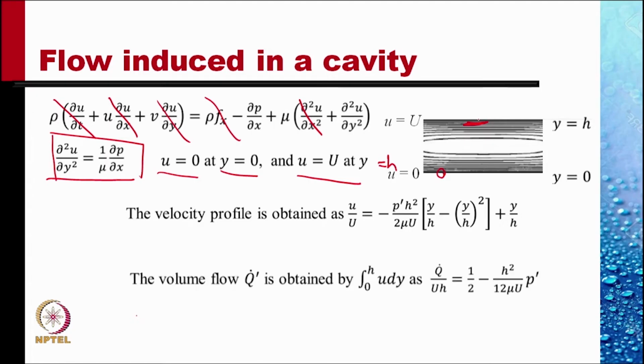The volume flow rate q prime is obtained by integrating u dy from 0 to h, and this is obtained as q dot by Uh is equal to 1/2 minus h square by 12 mu U into p prime. This is 0.